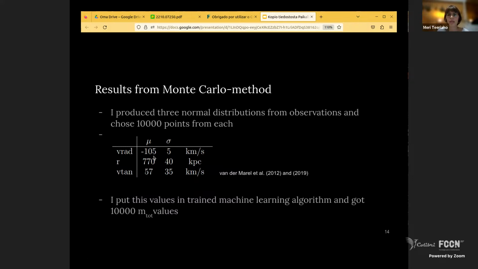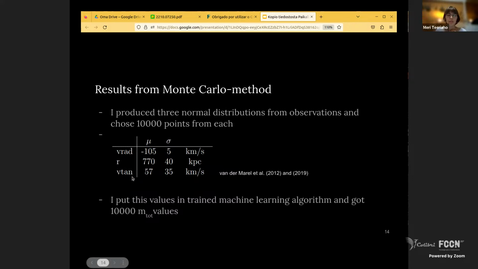And because we have a mean and standard deviation for each value, we can make a normal distribution for every kinematic value. And then we can choose 10,000 random points from each distribution. So we would have 10,000 points for radial velocity, distance, and tangential velocity.